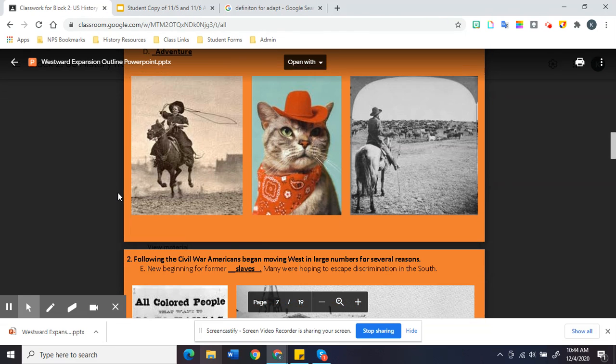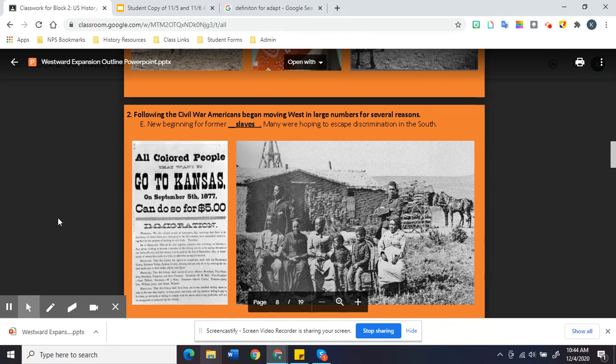Oops, no. Then E. It was a new beginning for former slaves. Many were hoping to escape discrimination in the South. As you can see here, we got a family making their sod house. They got their horses, all their children, which was quite common, because you needed people to work the lands.